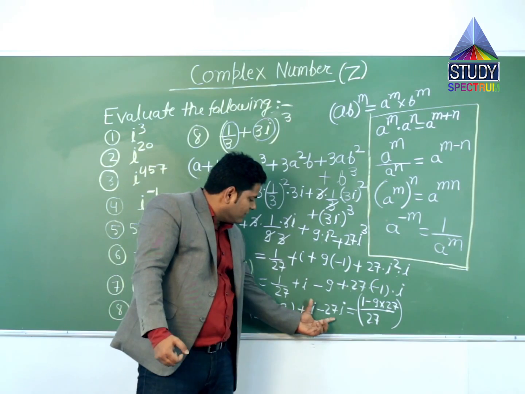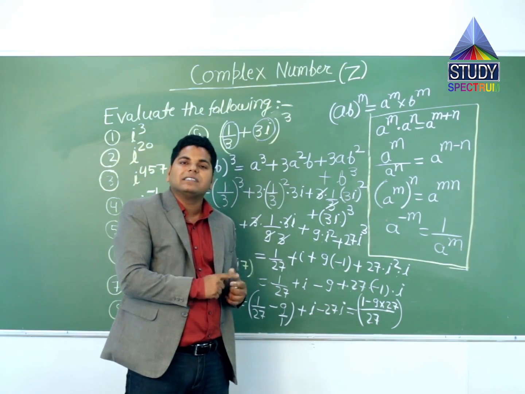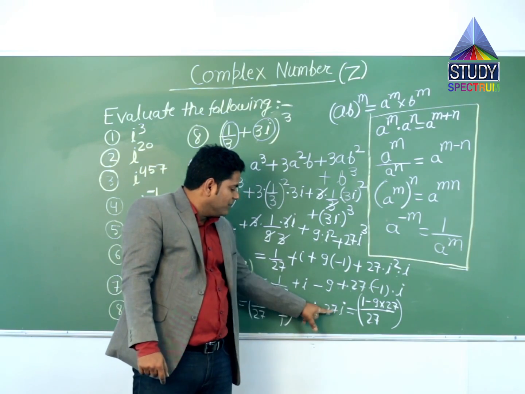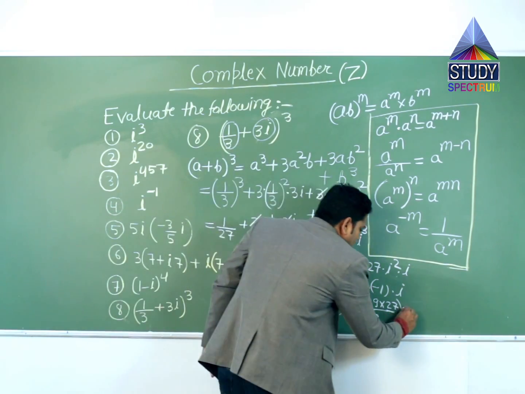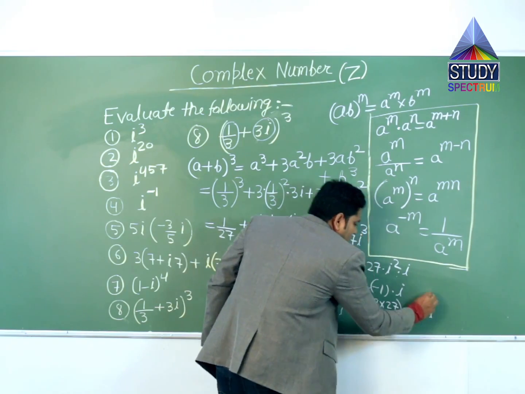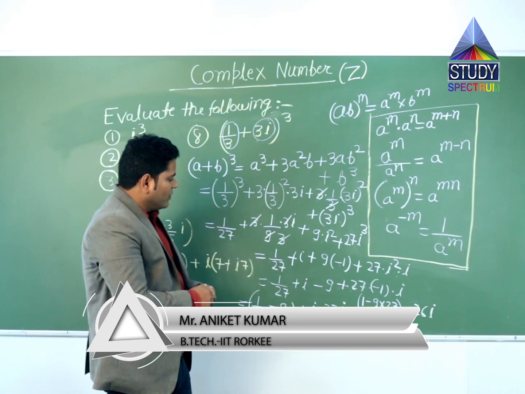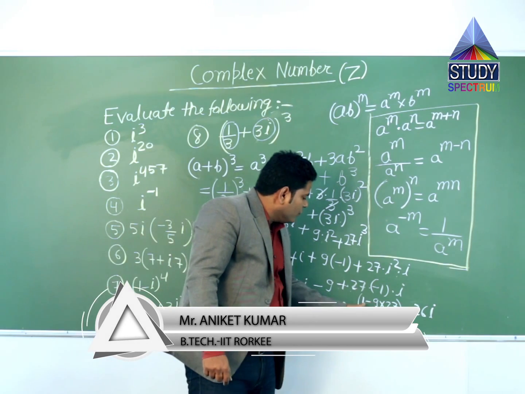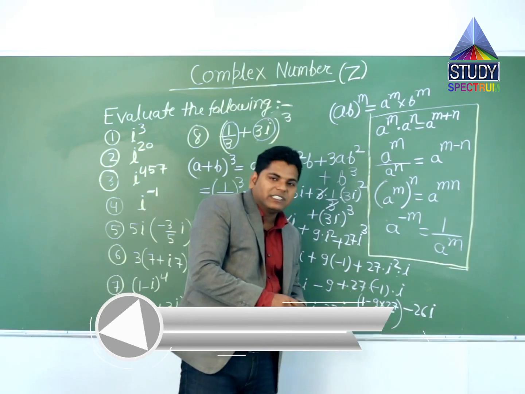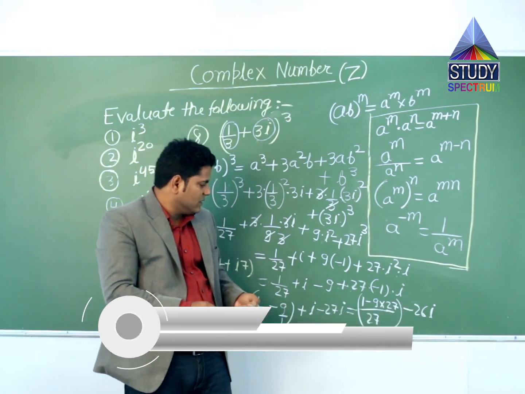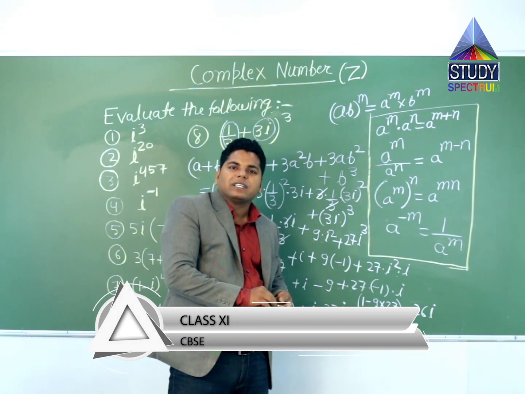Here both have opposite signs, so we'll subtract. So 27 minus 1 is 26, and the larger number has a negative sign, so we'll write minus 26i. Okay, so 1 minus 9 into 27, and 9 into 27 is 243.